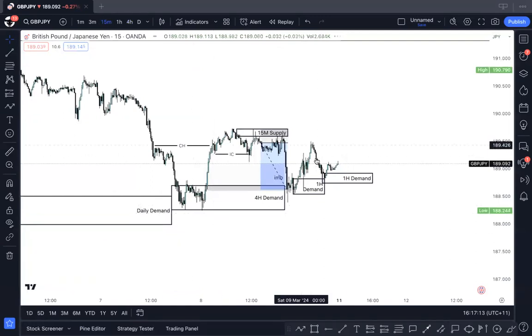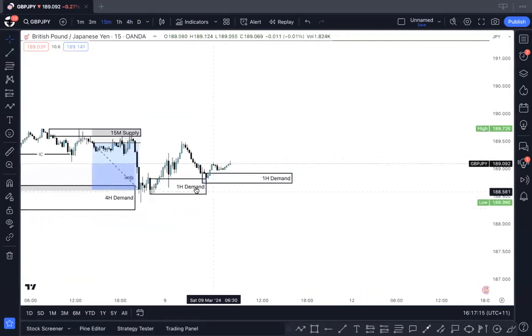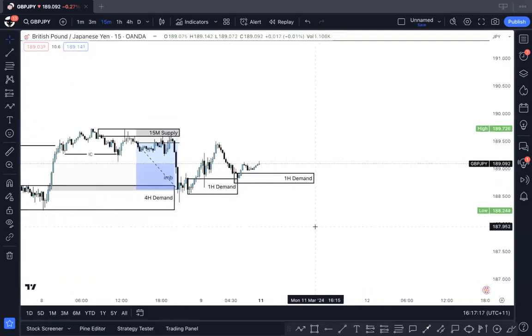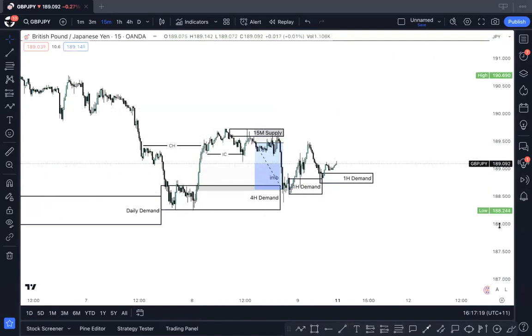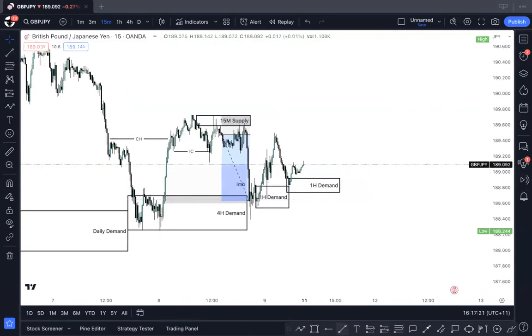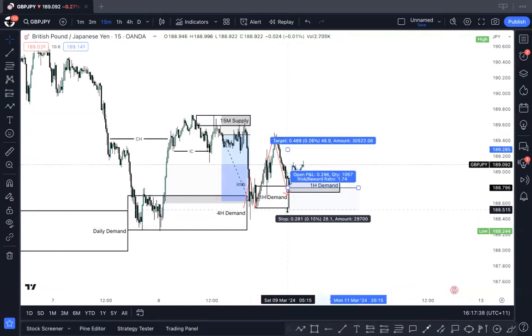But for the 3-minute entry, what I would like to happen is we have our 15-minute change of character, and then we see a 3-minute continuation. See how this didn't come to the top and create this breaker structure? What I'd like is price to go up and come back down to the zone to take a buy like that.